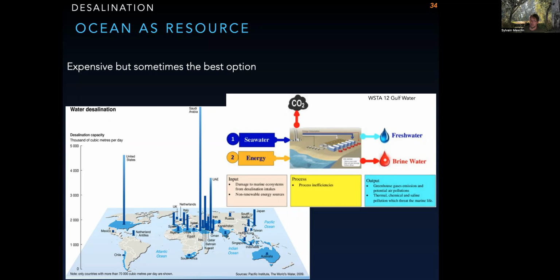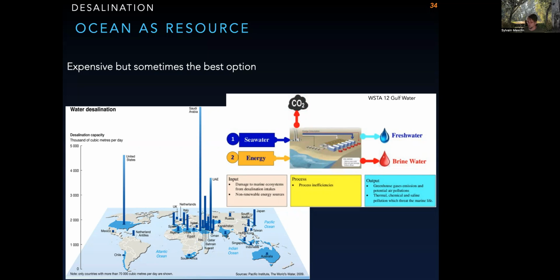The downside of that are two. This is very energivore. It's consuming a lot of energy, and at this point, those power plants work with fossil fuel energy consumption and release a lot of CO2 as they work. So not great. The process tends to be kind of inefficient.